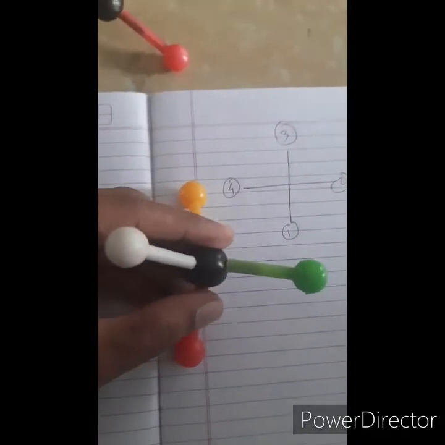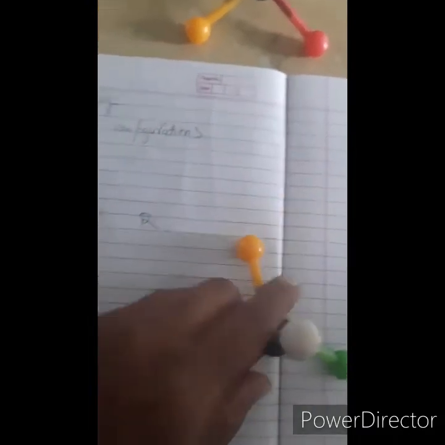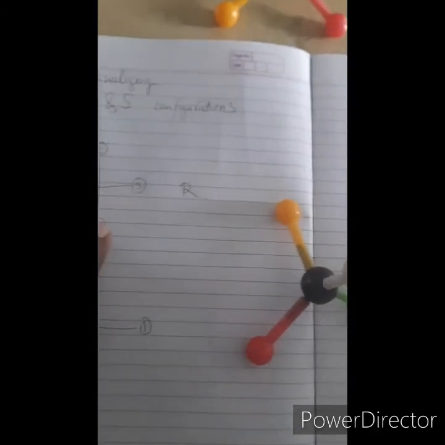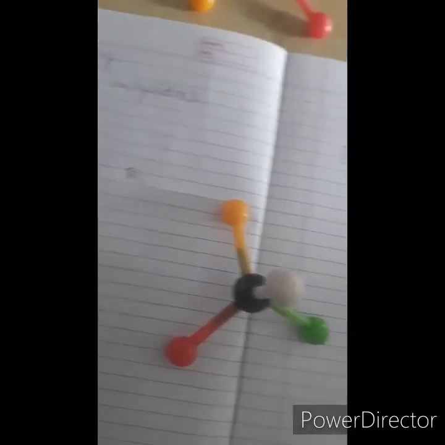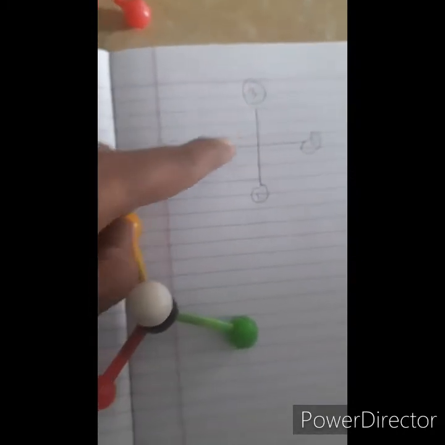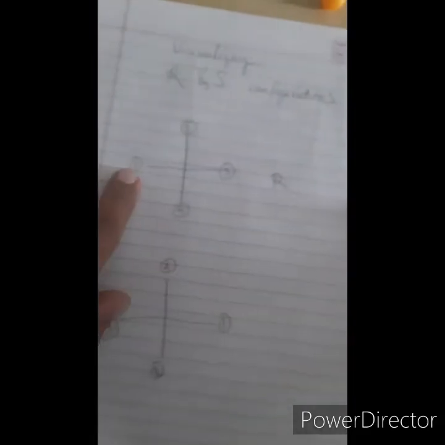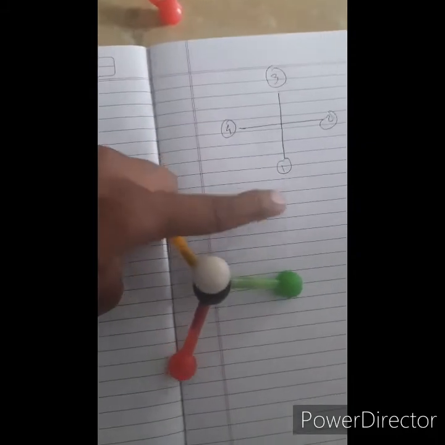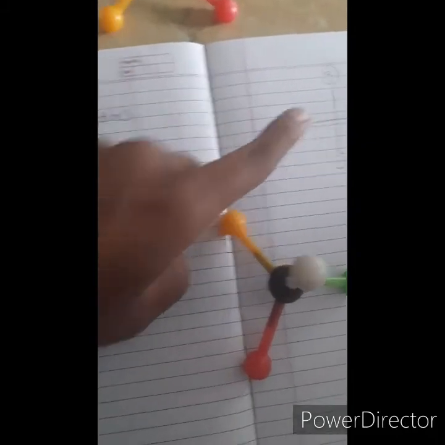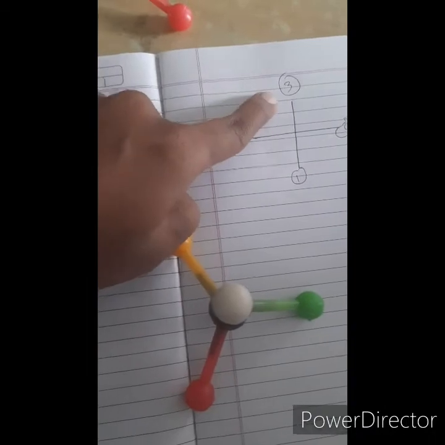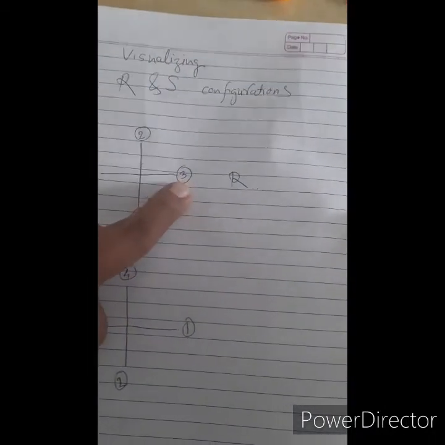What you have to notice is that when the fourth group's position changed toward this side, the other groups' positions have also changed. Here 1 was toward the left side, and you are seeing here at the bottom 2 on the right side, here is 3. 2 was above here and is now toward the right side. 3 is above here, and you are seeing 3 here on the right side.